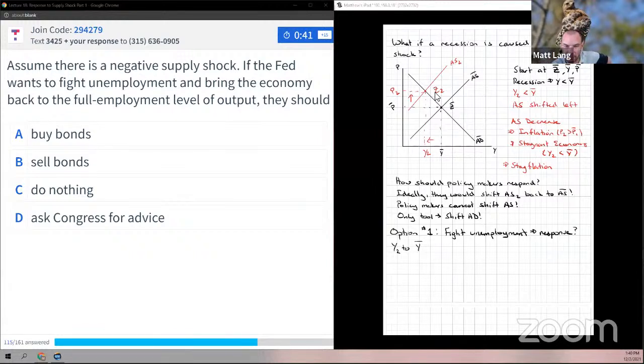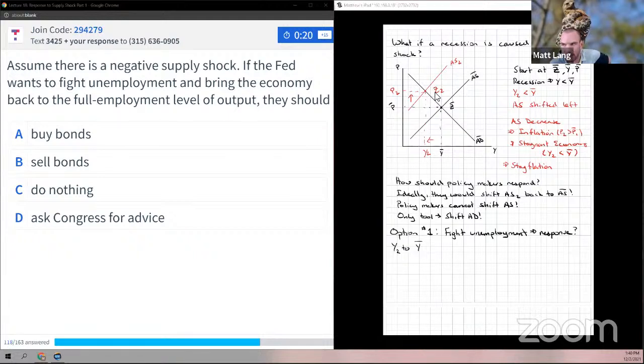The Fed says, okay, what can we do? We can control that AD curve. We can move that AD curve to the right or to the left, and by doing that, there'll be certain consequences. So in this case, they say, we want to fight unemployment. We really care about unemployment. That seems to matter the most right now.